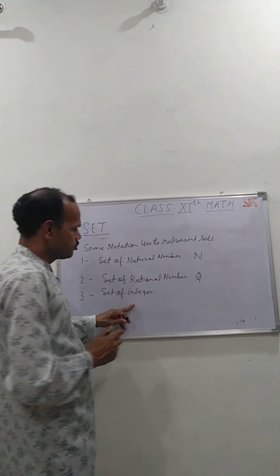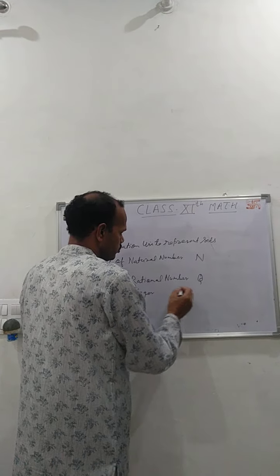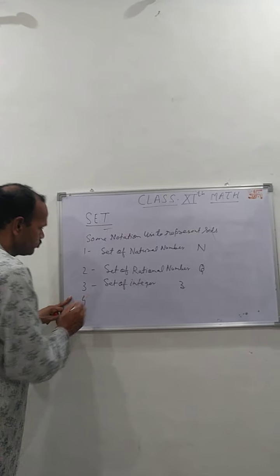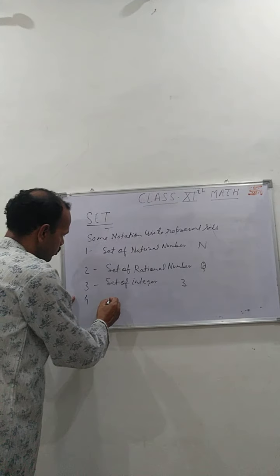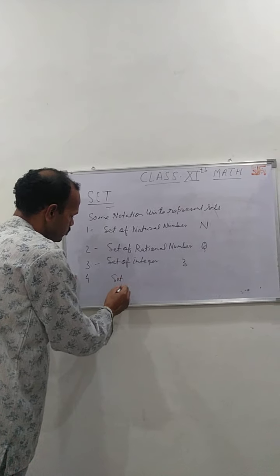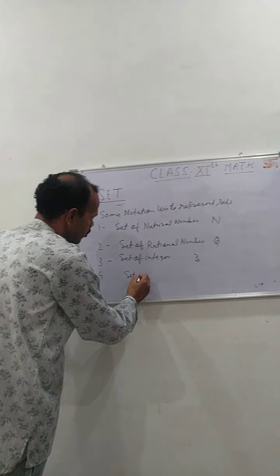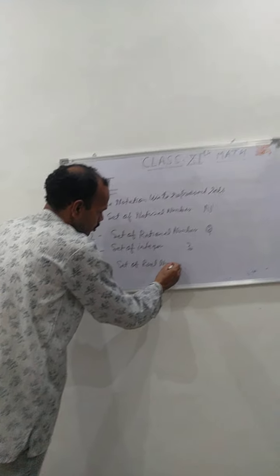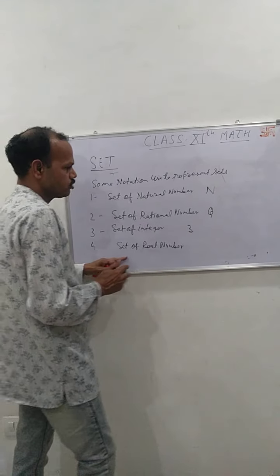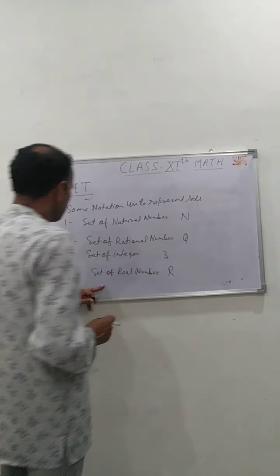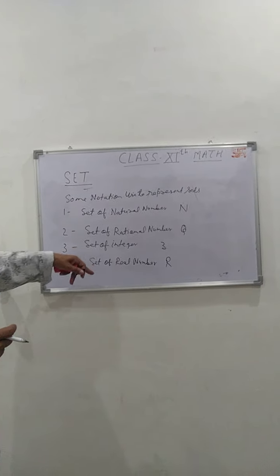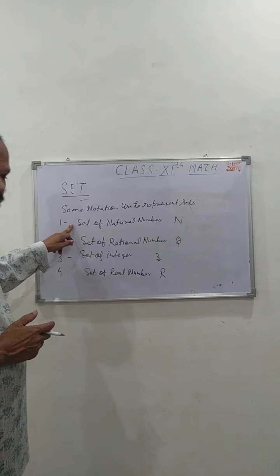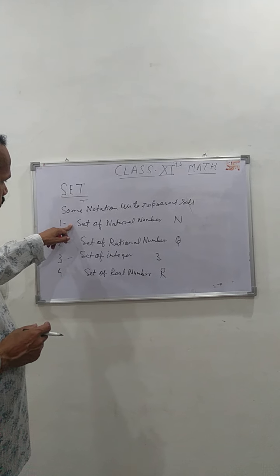It is denoted by the symbol Z. And number 4, set of real numbers, which is denoted by the symbol capital R. Basically, these 4 symbols are used to represent sets.